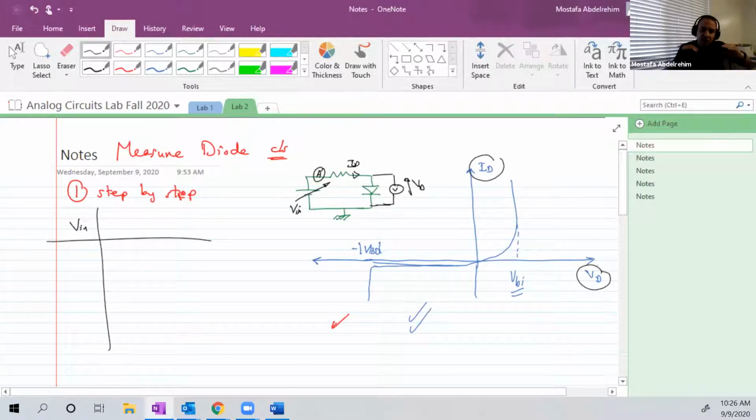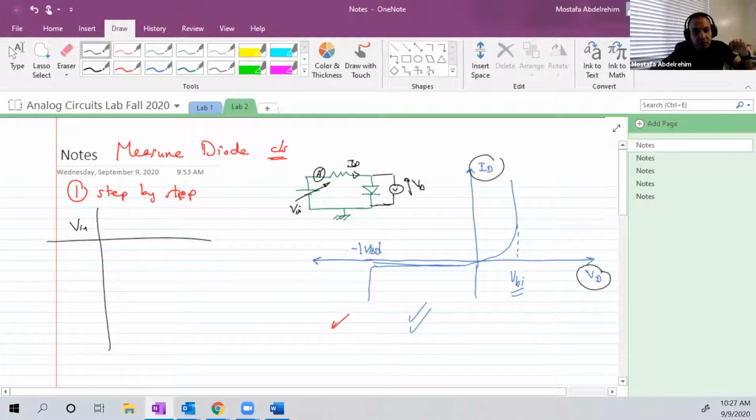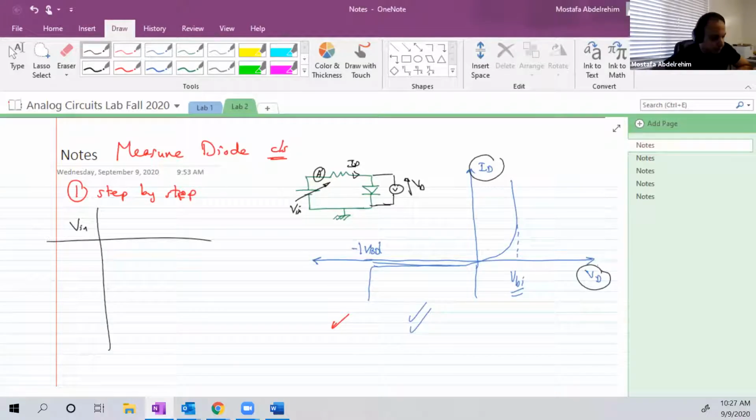So we want VD to change, and we check the ID value. But again, the diode is just like a resistor. It's a dependent element. It needs an external voltage, okay, to have a voltage drop and conduct the current, just like a resistor.